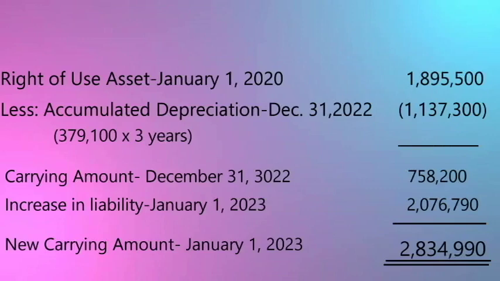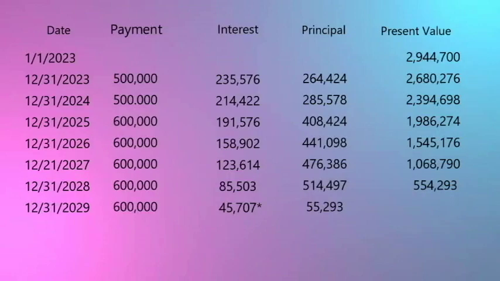Tapos, i-add natin yung increase in liability on January 1, 2023 na 2,076,790. Makukuha na natin yung new carrying amount noong January 1, 2023 na 2,834,990. So, ngayon, gagawa na tayo ng new table of amortization.